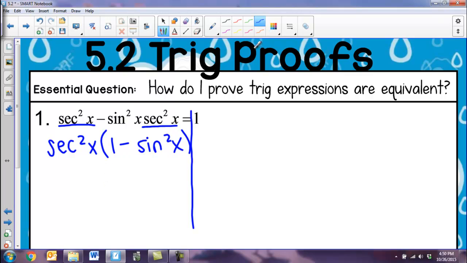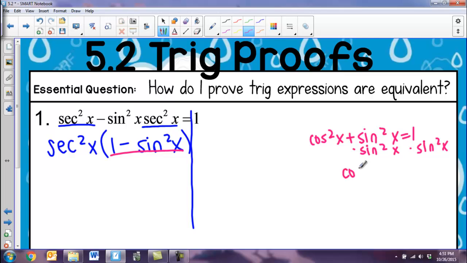Okay, if I remember from my identities chart, and again, you always get to use your identities chart, I have a special property that says cosine squared x plus sine squared x equals 1. If I subtracted sine squared from both sides, I would get something that looks very similar to what is in my parentheses.